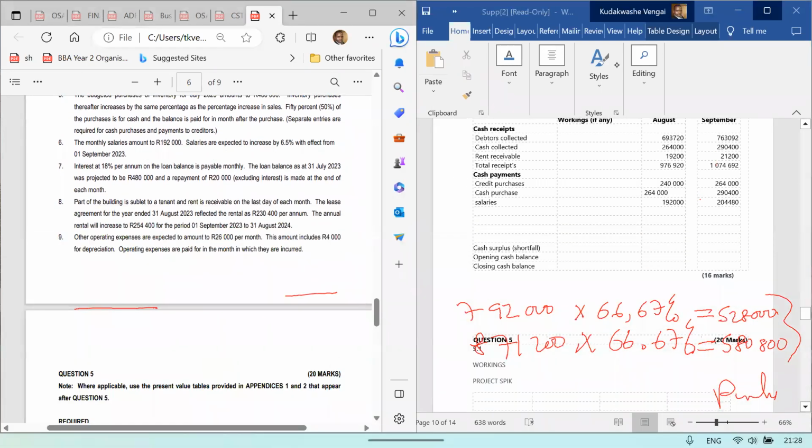The next one is the interest. Interest at 18% per annum on the loan balance is payable monthly. And then the loan balance is projected to be 480, and a repayment of 20,000 excluding interest is made at the end of each month.